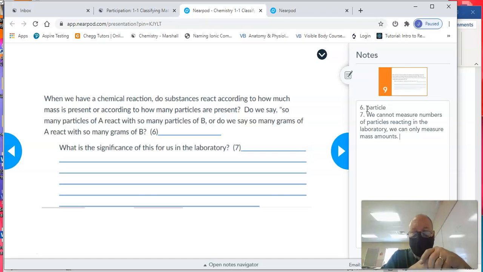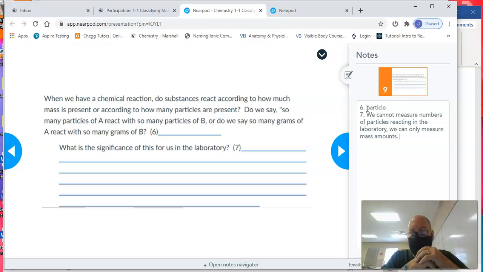They're 2 different ways of saying the same thing. I have so many particles, or I have so many grams. But we're talking about number of particles when we're talking about chemical reactions, and I can't measure the number of particles. I can't go to the lab and say, okay, let's have 6 molecules of hydrogen and 3 molecules of oxygen. I can't pull out 6 molecules of hydrogen. I have to measure out a number of grams of these things.